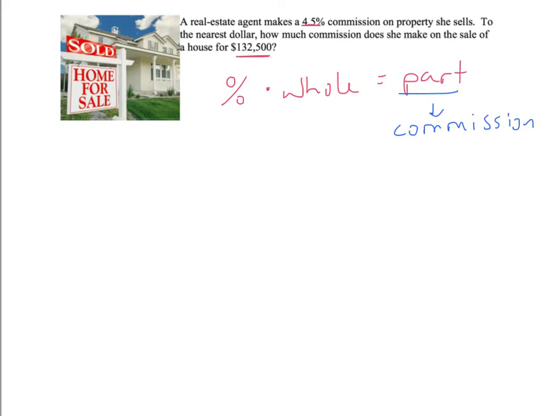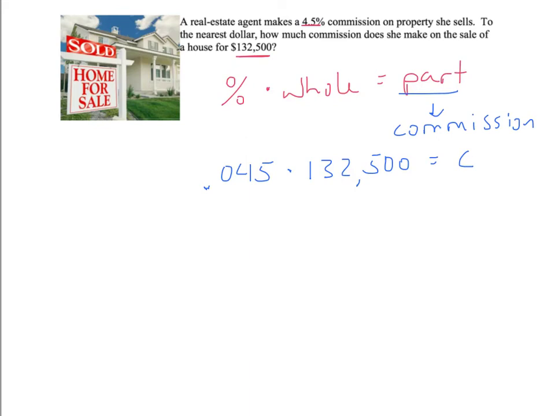So the percent is 4.5%, so I'm going to change that to decimal form, which would be 0.045 times the amount of the house, which is $132,500, is going to equal her commission. I'm going to just set the variable C for her commission.